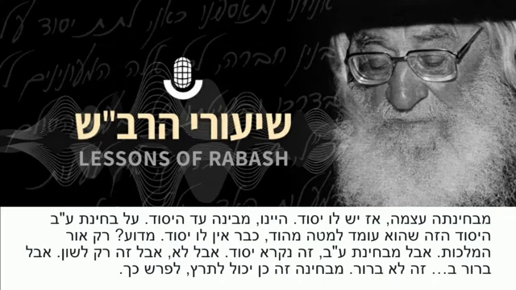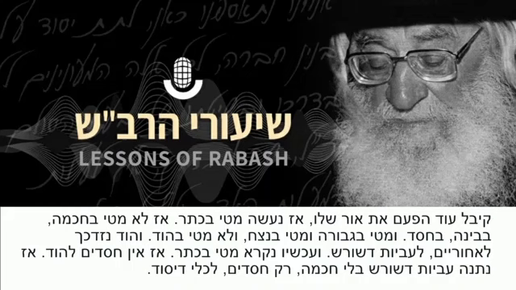On the phase of Ab, that Yesod which stands below Hod already has no Yesod. Why? It's only the light of Malchut. But from the perspective of Ab, it's called Yesod. But it's not, it's only a word. In that sense, he can explain it this way.